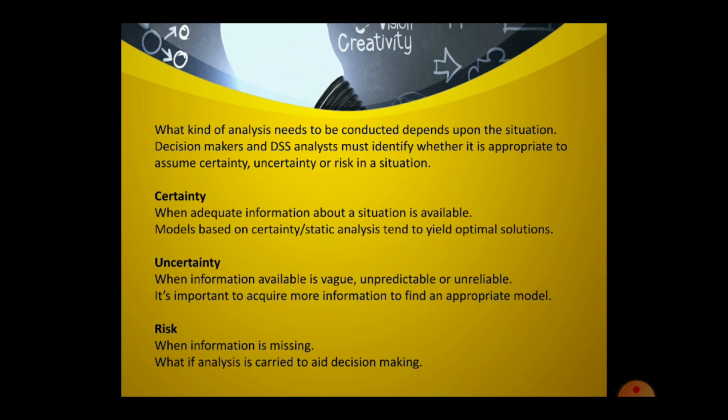Then uncertainty: when information available is vague, unpredictable, or unreliable, it's important to acquire more information to find an appropriate model. Third one is risk: when information is missing, what-if analysis is carried out to aid decision making.